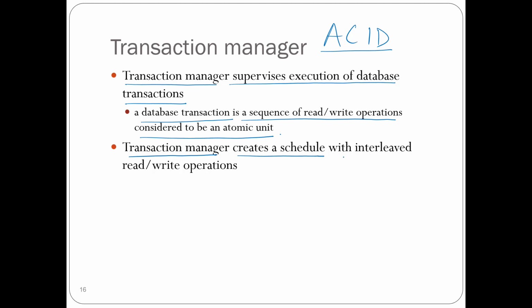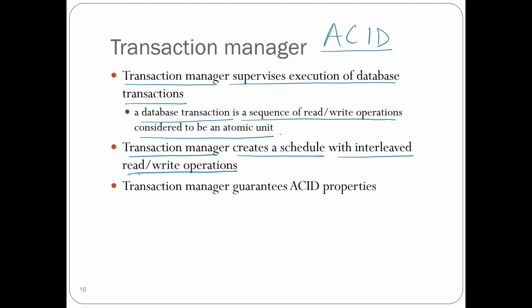In that schedule, it may have interleaved read and write operations, but this interleaving is to be done intelligently so that the ACID requirements are satisfied. The transaction manager guarantees ACID properties.